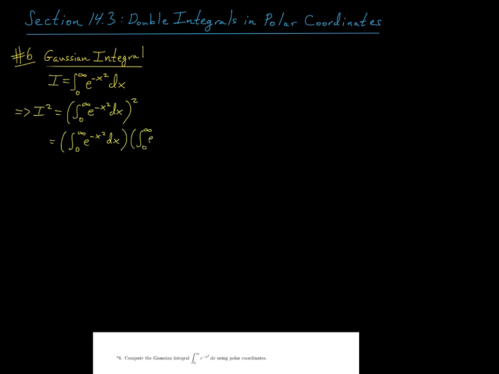Since these are definite integrals, the variable of integration doesn't really matter. So if I change the x to say a y or a t, the numerical value of the integral would not be changed. So what I'm going to do now in this next step is relabel the variable of integration in the second integral as y.